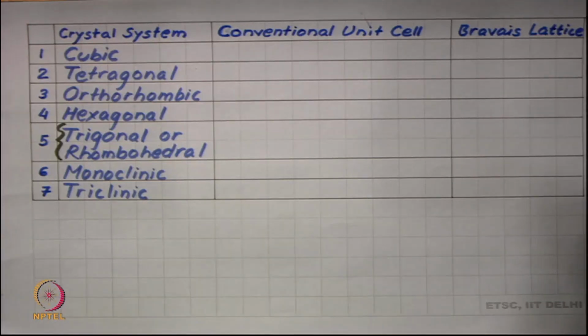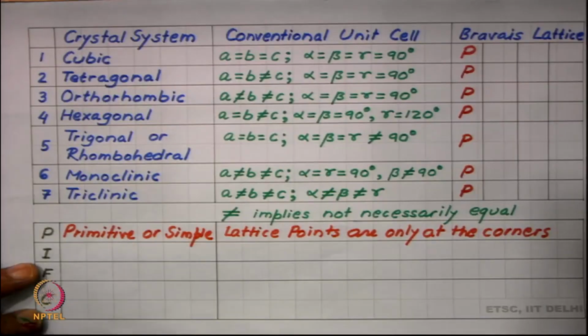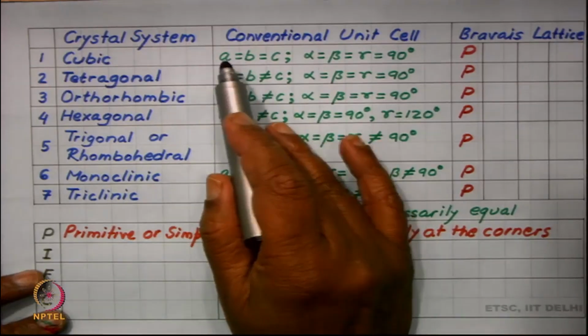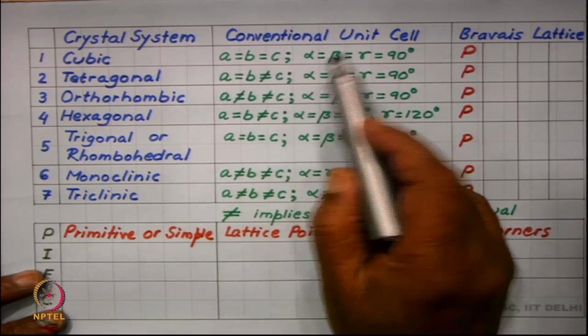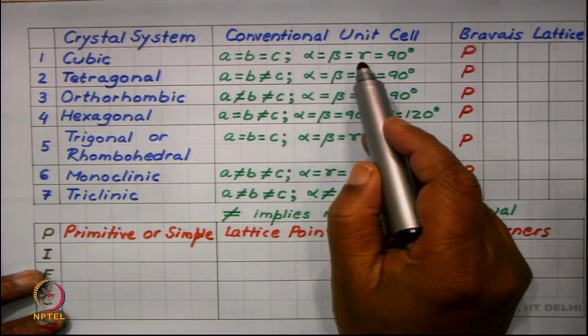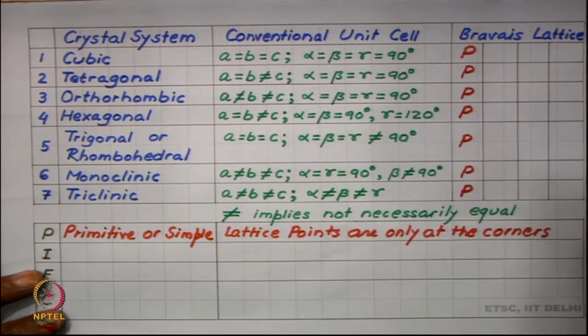Each of these systems has a conventional unit cell which we have shown here. So, in the cubic system you have a unit cell in which all sides are equal, a equal b equal c, all angles are equal, alpha equal beta equal gamma, and all these equal angles are equal to 90 degree.